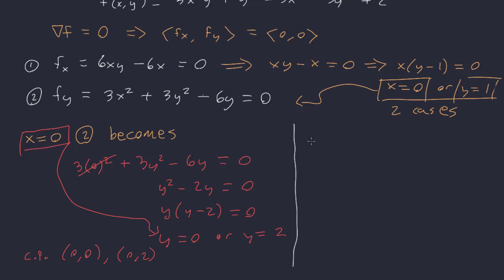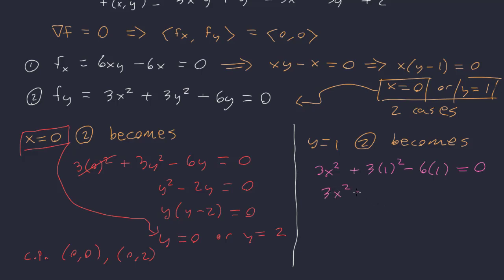For the next case, when y equals 1, equation 2 becomes, well, I'm going to replace all my y's with 1. I'll do this one in pink. The 3x squared is going to stay the same. Then we'll get plus 3 times 1 squared minus 6 times 1 equals 0.